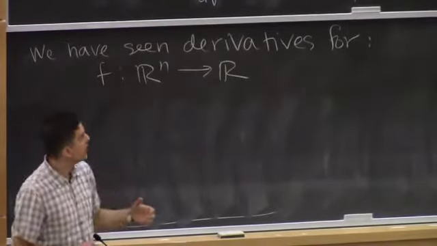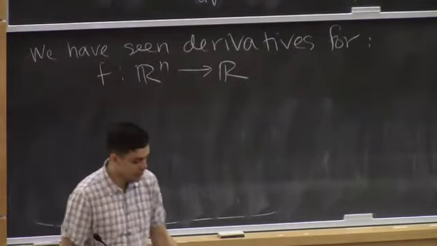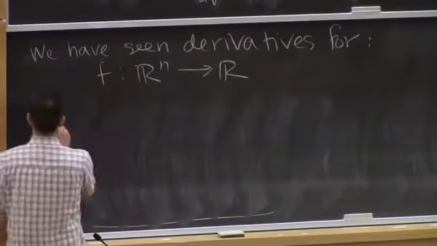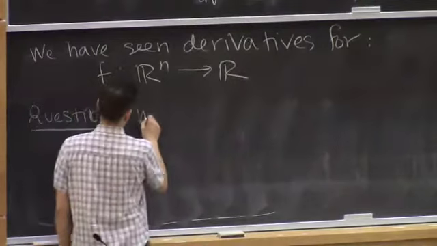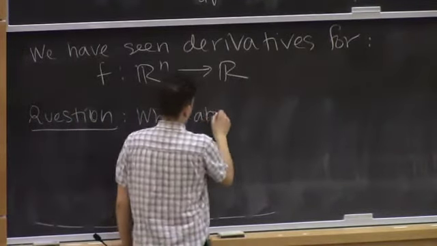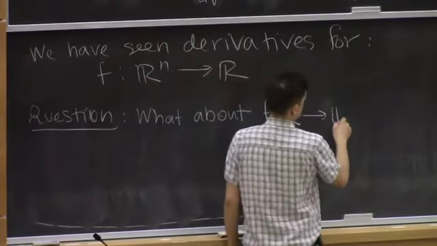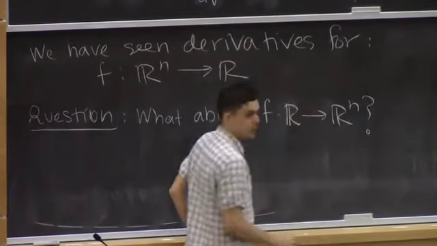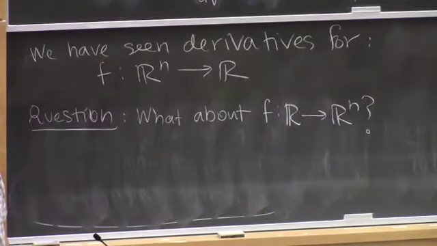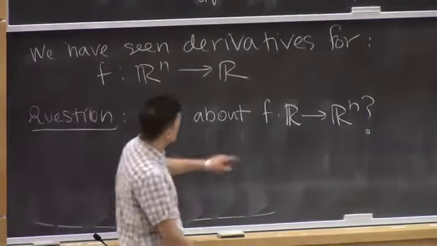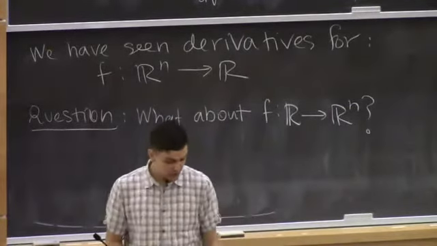We've seen how we can have partial derivatives, directional derivatives, and tangent planes. Now the question is, what about the derivatives here? What do those guys mean? Now we've got a curve going from R into Rn, and we want to look at the derivative there.